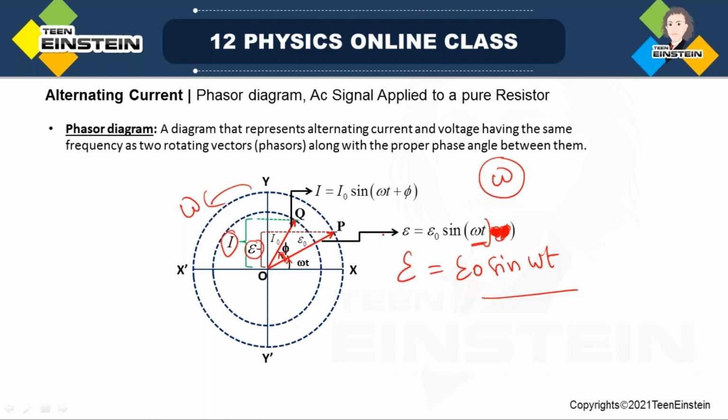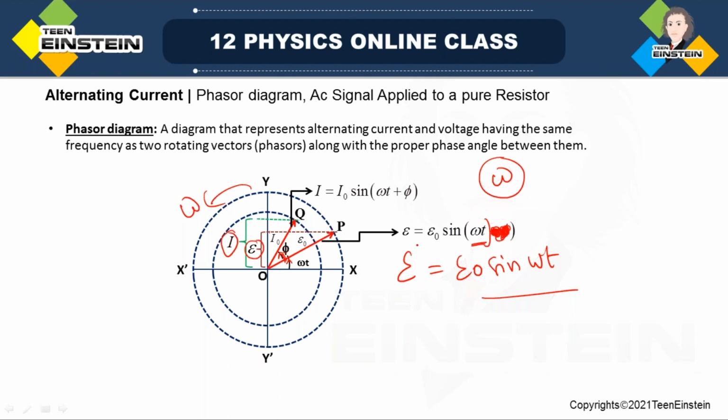So this is the phasor diagram. Mainly, in this chapter on alternating current, we will be representing alternating current and alternating voltage or EMF by a phasor diagram, just to simplify and see the relation between voltage and current, what the phase angle between them is, which one is ahead and which one is lagging behind, and by how much angle.